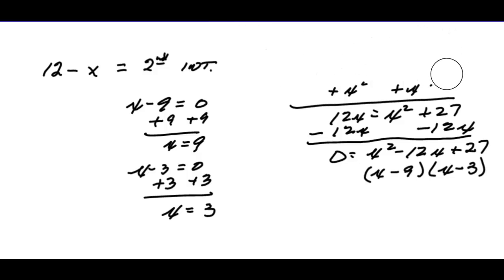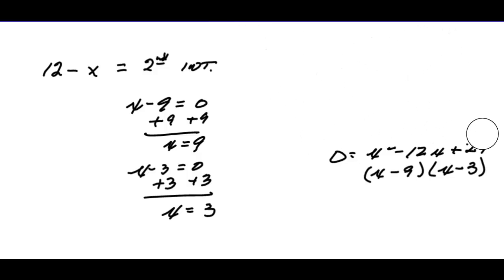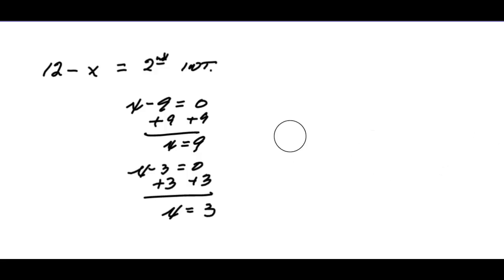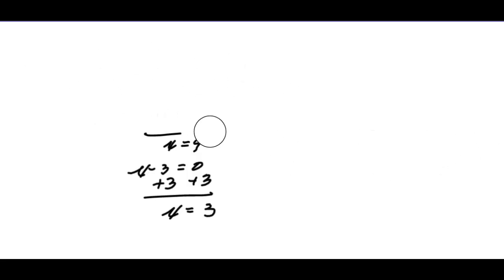Now let's take a look at a geometry problem. In this geometry problem, what we've got is a rectangle. And it says in problem number 66, if the length of a rectangle is 3 feet less than twice its width and the area is 54 square feet, what are the dimensions of the rectangle?